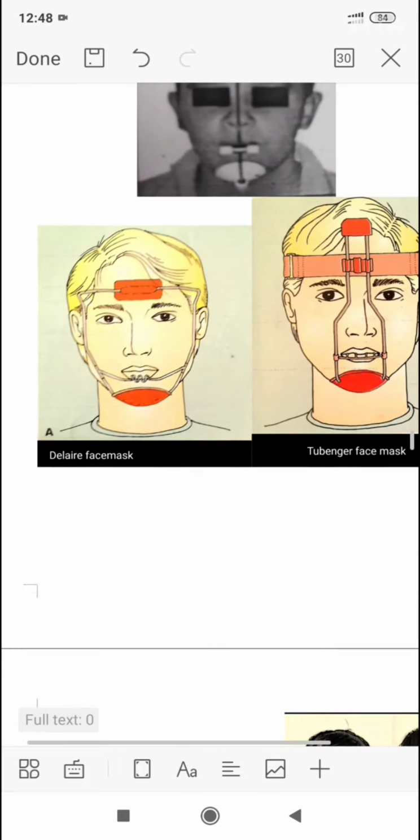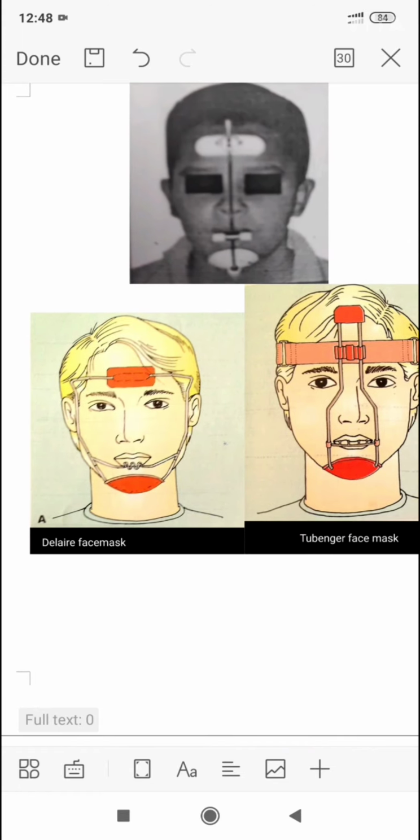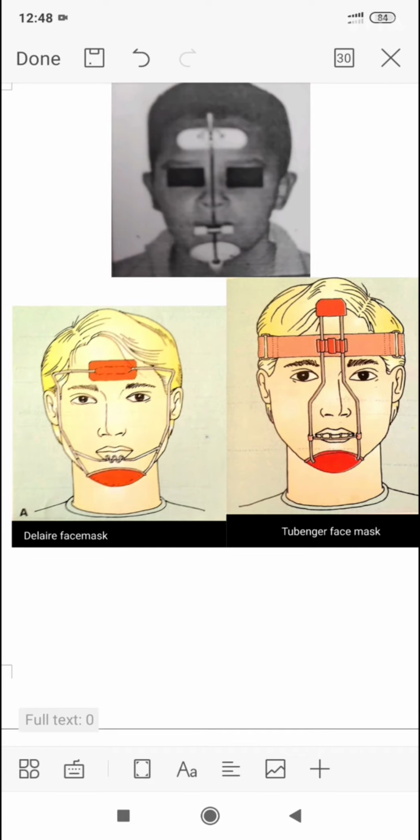Now coming to the face mask. This is a face mask. It is also called reverse pull headgear. Face masks are of four types, just like headgears.